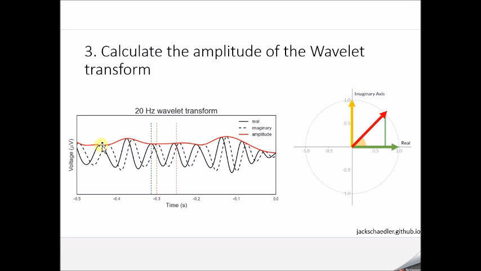So in order to calculate this amplitude envelope, we're just taking the magnitude of all of these complex vectors at every time point. Notice that if our imaginary component is very negative and our real component is 0, we're going to get an even higher amplitude, as shown by the red line here and the extended blue arrow here.